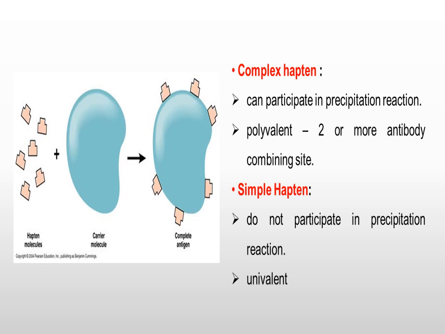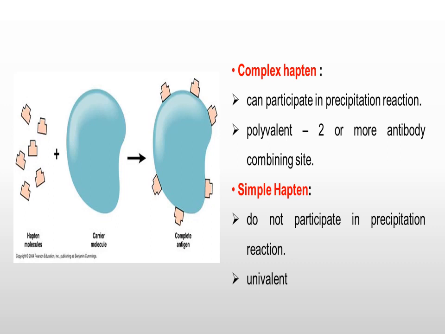So this hapten again can be classified into complex hapten and simple hapten. So what is the difference? We all know about valency. Here, in case of antigen, the valency means the combining site for the antibody. If there is only one site for combining with the antibody, it is a monovalent antigen.